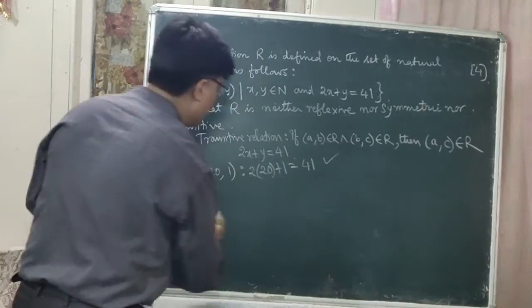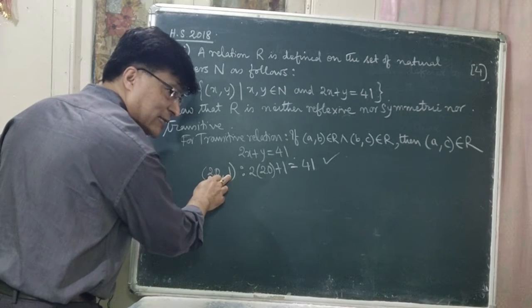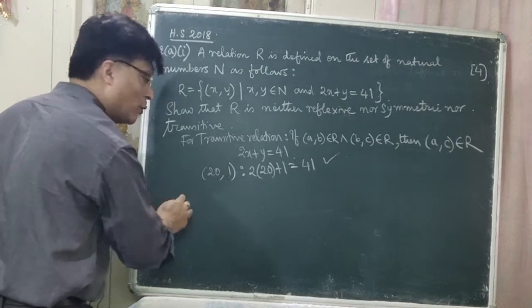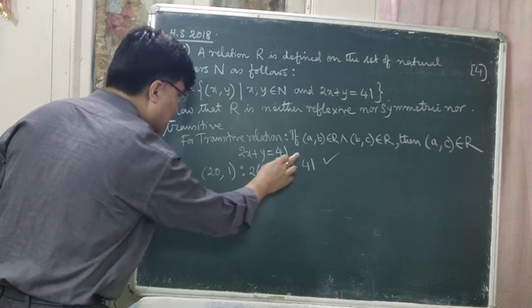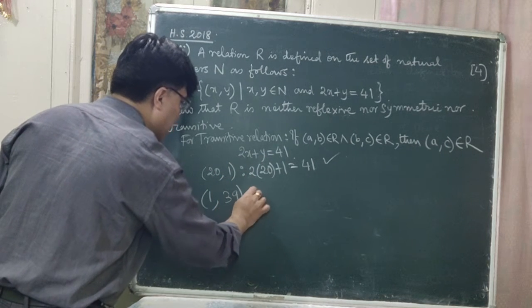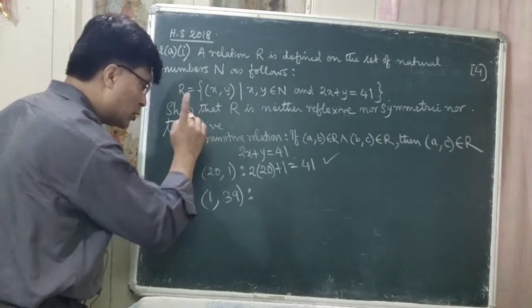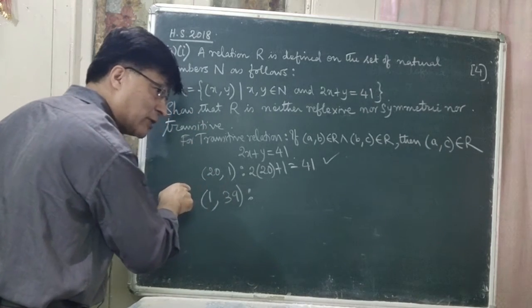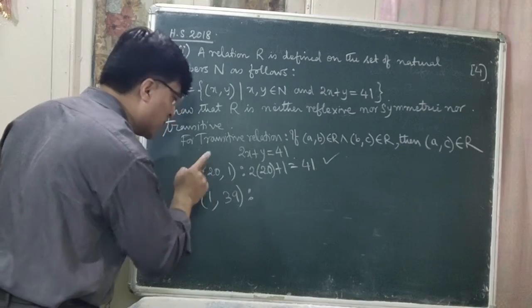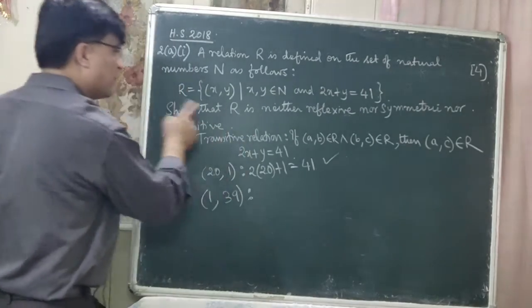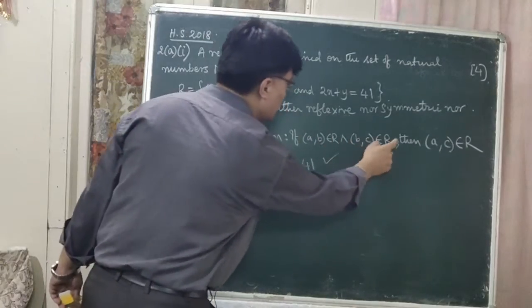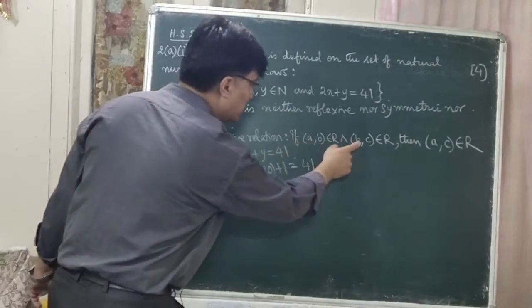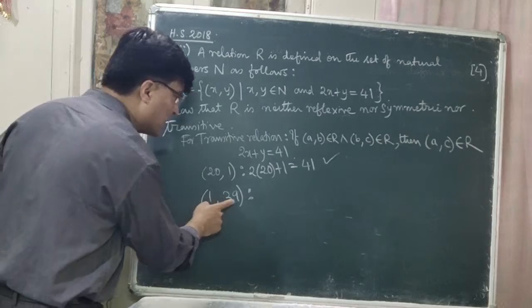Next, which ordered pair will you take? Since 1 is the value for y, now the value for x will be 1. So 1, 2 ones are 2 plus 39 is 41, that is 1, 39. Again you have to take the ordered pair in such a way that it starts with 1, so that B, C belongs to the relation R. Here B is repeated, 1, 39.